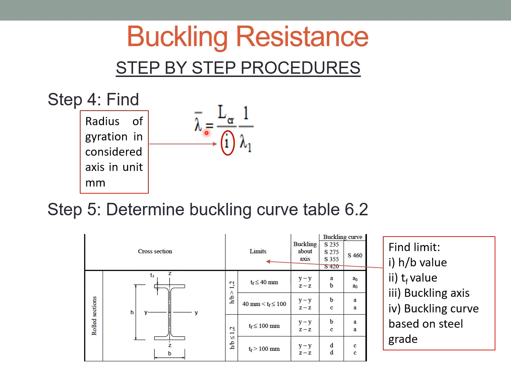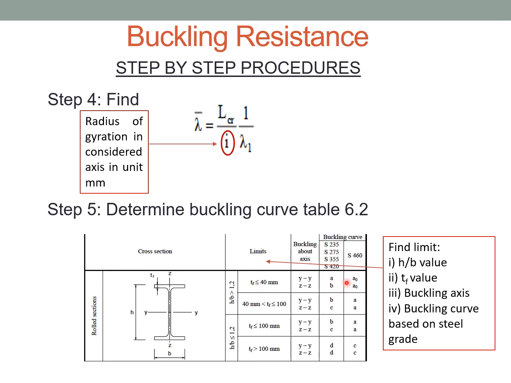Next, we need to identify our buckling curve based on table 6.2. To use this table, first find the h over b value for the limit, so that you know whether to use the top row or the bottom row. Check your tf value and then the buckling axis. Then you can get your buckling curve based on the steel grade.